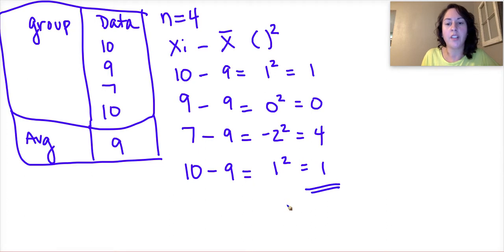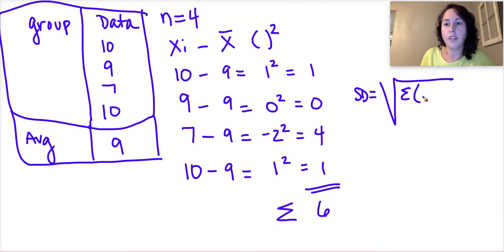Then I find the sum by adding all of these numbers up, and when I do that, I should get 6. That's how I did the top part of our equation, the sum of xi minus x bar squared.